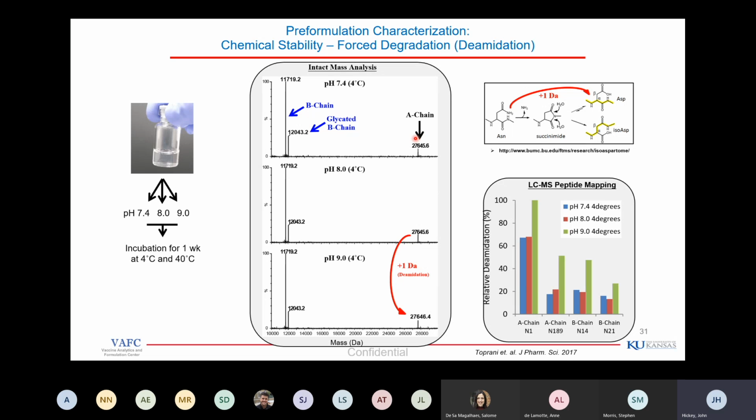As you can see, after a week incubation, we don't really see a change at pH 7.4 or at 8, but once we get up to pH 9, we do start to see some mass changes. If we perform peptide mapping, we can identify which residues are becoming deamidated, namely asparagine 1 in the A chain was the most susceptible, followed by these 3 additional sites in the A and B chains.